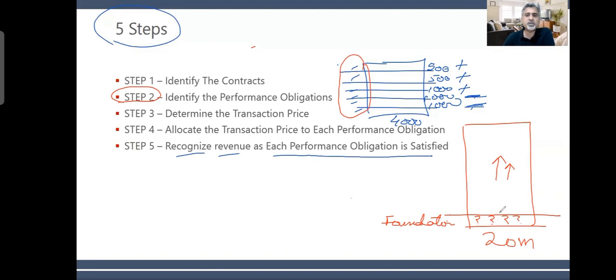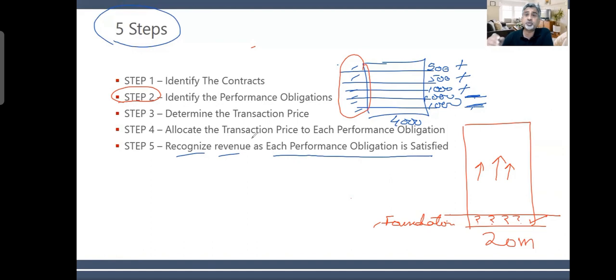Because in future, whenever you resume your construction, you don't need to dig it again. This digging, which I have done already, will benefit you for your future. When you start your construction project, you don't need to do it again. It's a performance obligation. You can get benefit out of it. Okay, now that's a different example.